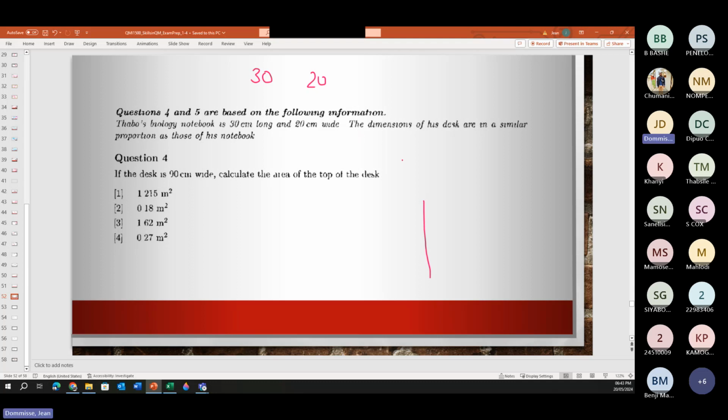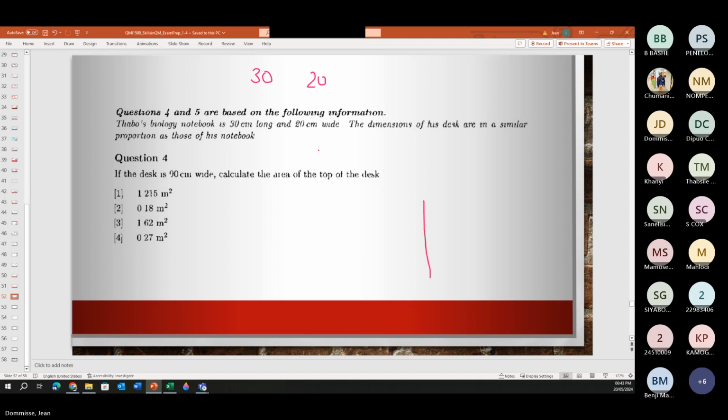The dimensions of his desk are in a similar proportion as those of the notebook. If a desk is 90 centimeters wide, calculate the area of the top of the desk.